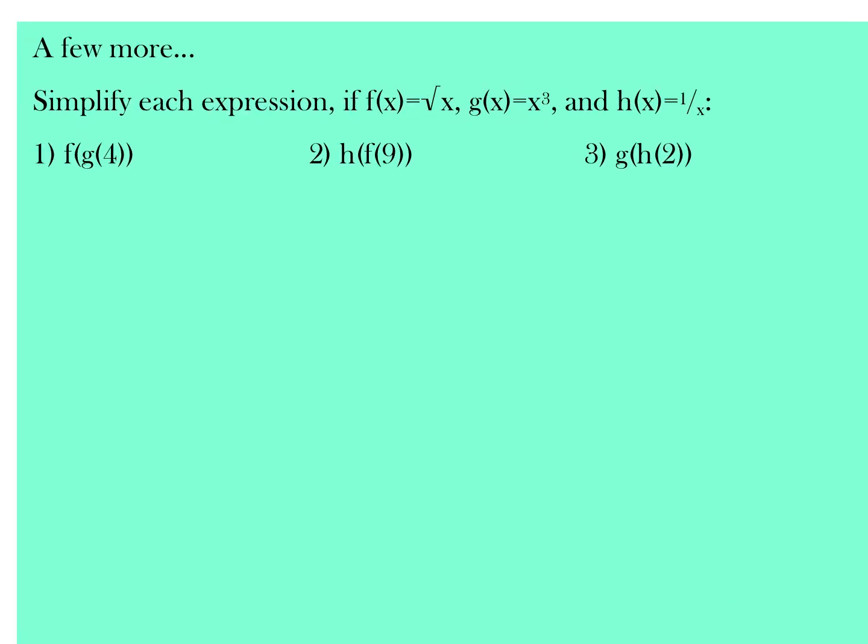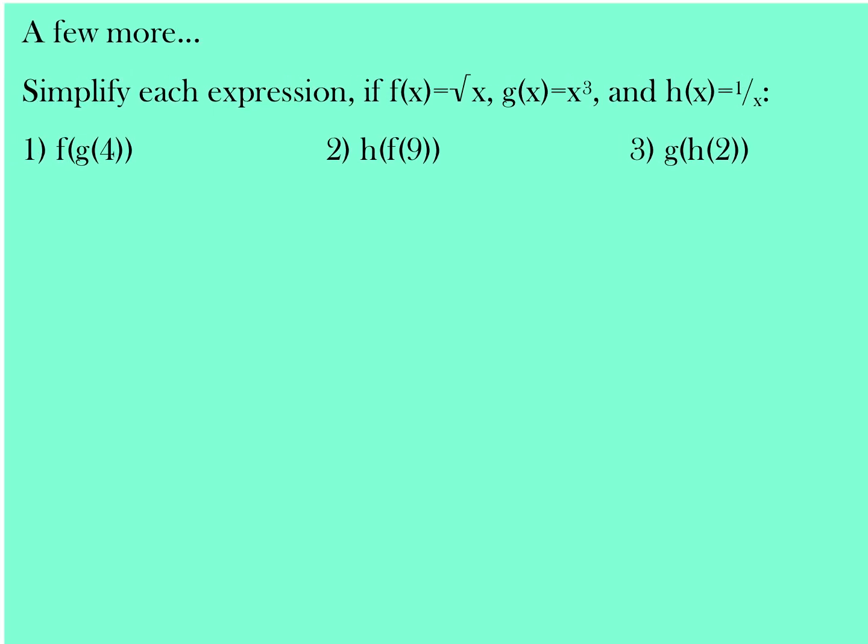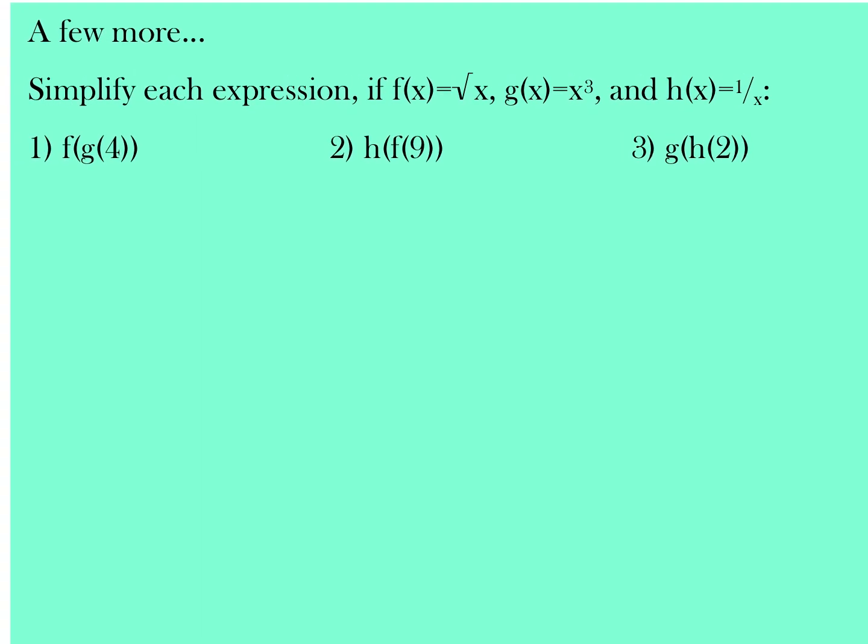This one is just asking you to do those nested kind again. You didn't know how to do that when you walked in today, but I think you've got it now. Let's just verify. Do number 1, f of g of 4.